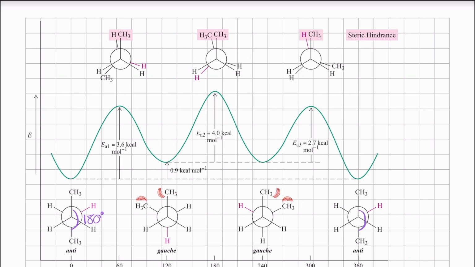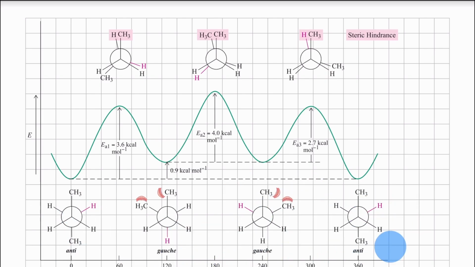And here you can see it as well, 180 degrees. However, in the two other conformations, you can see a 60-degree angle between the methyl groups. So to make it easier, these two conformations are called gauche conformations, and these two are called anti-conformations.